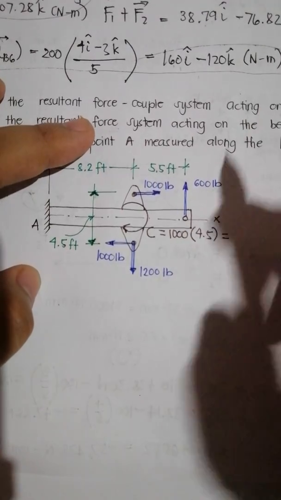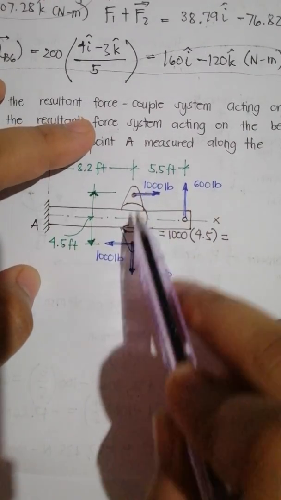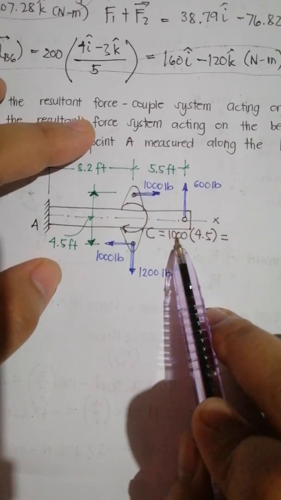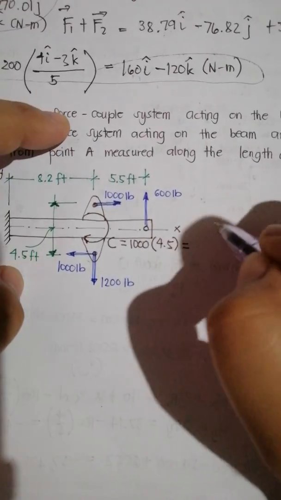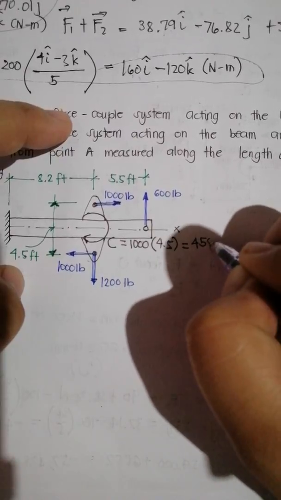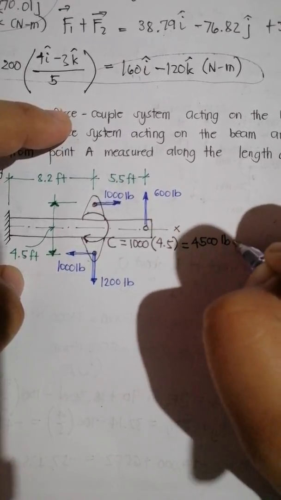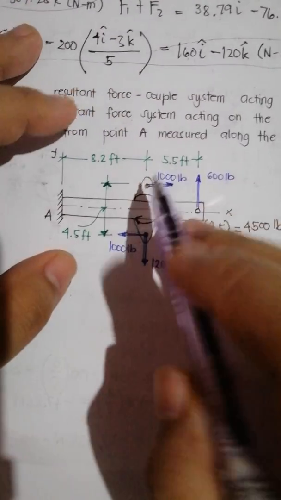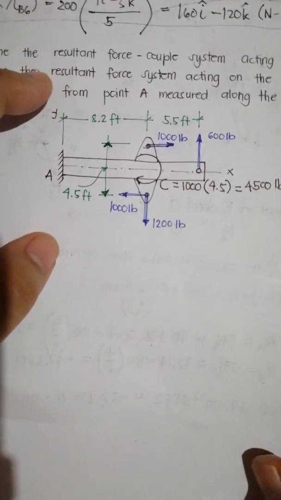So the couple vector of these two couples is 4,500 pounds-foot, clockwise in rotation.